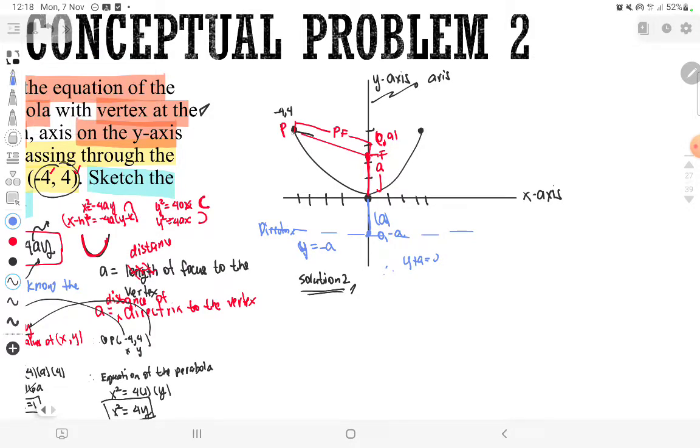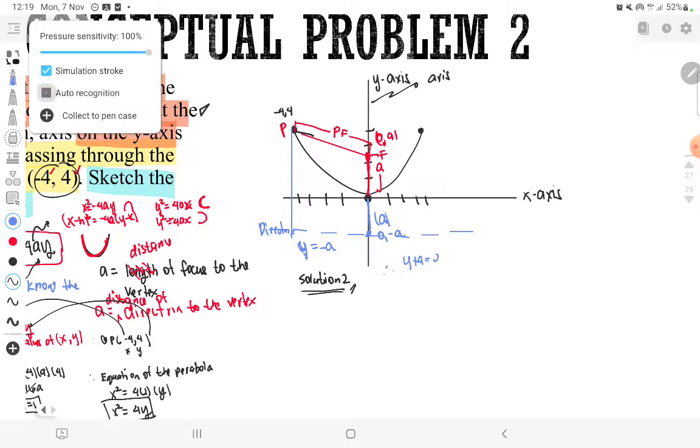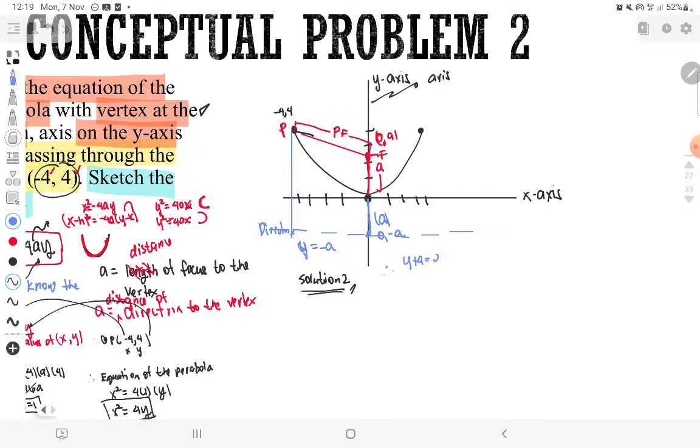From this, I will draw a perpendicular line to our directrix. You must remember, this should always be perpendicular. Let that be a perpendicular line, and we may call this our line, PD.